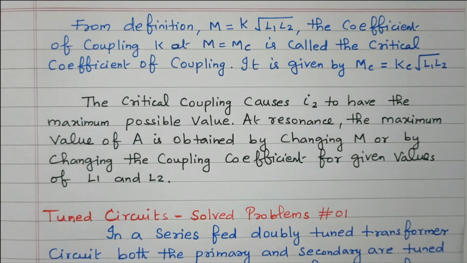Then we got the output voltage E naught. Then we got the maximum values of I2 and E naught by making dA by dM equal to 0 and dI2 by dM equal to 0. So we got the expression for the critical coefficient of coupling and critical mutual inductance MC. That is substituted in I2 as well as E0 in order to get the maximum value.